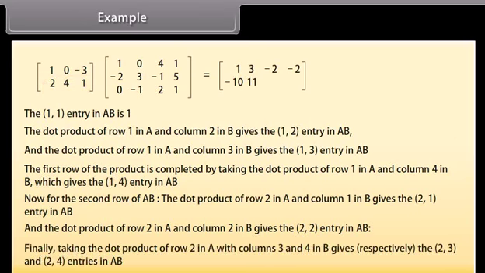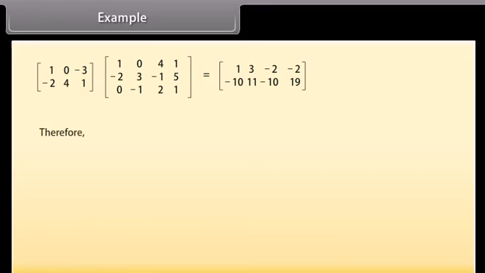Finally, taking the dot product of row 2 in A with columns 3 and 4 in B gives respectively the 2, 3 and 2, 4 entries in AB. Therefore, AB can be written as the matrix row-wise: first row 1, 3, -2, -2, second row -10, 11, -10, 19.